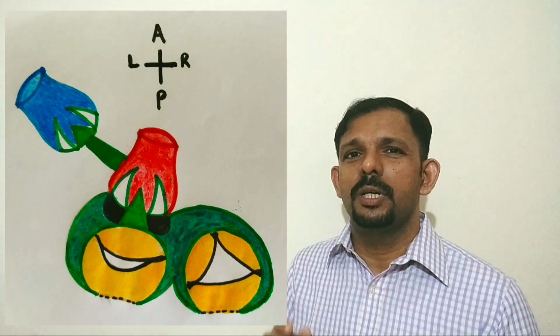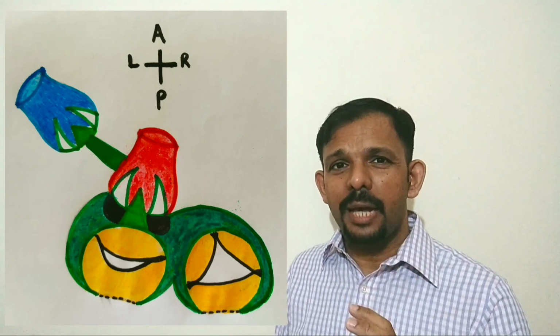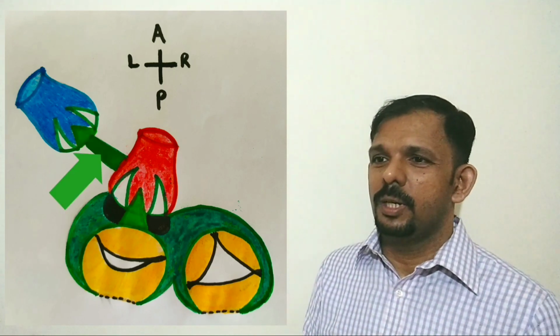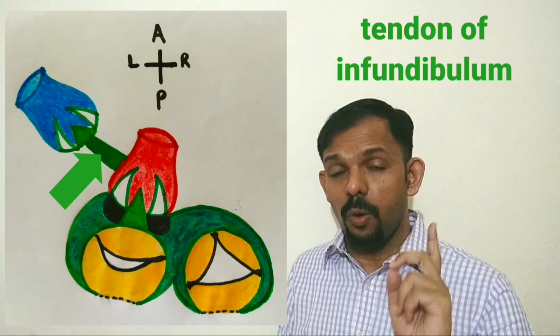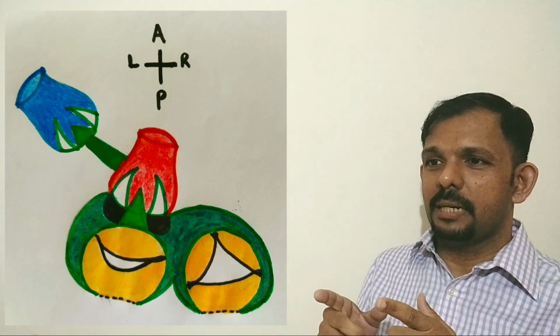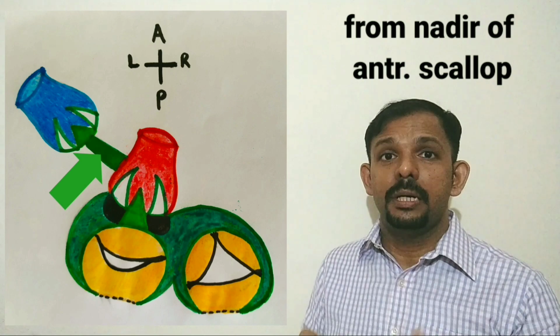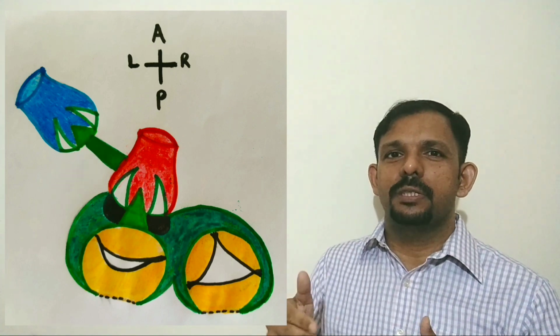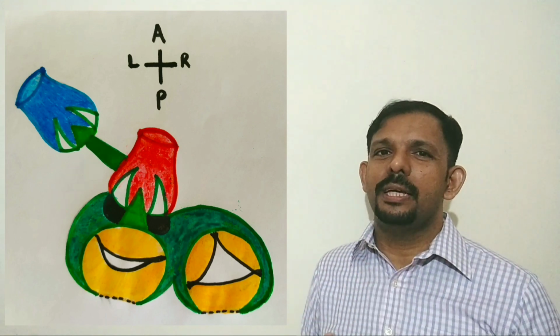However, if you look at the diagram, you can see there's a connection between the pulmonary annulus and the aortic annulus over there. That connection is the tendon of the infundibulum, which we saw in the 2D model also. So that basically comes from the bottom or the nadir of the anterior scallop that is present on the other side of this diagram, which connects the aortic annulus to the pulmonary annulus.